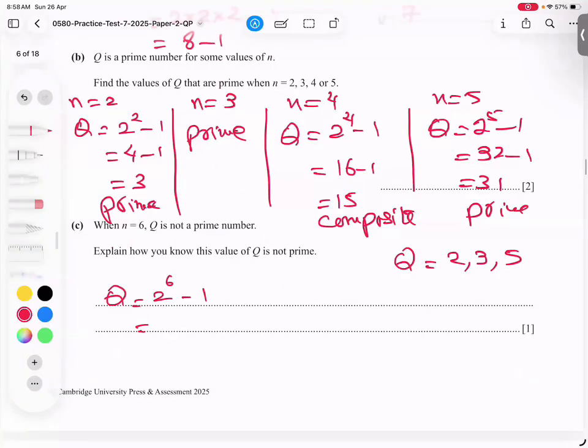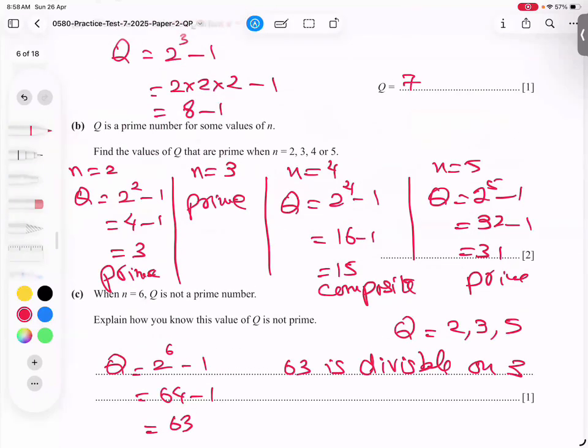We can say this is 64, 63, sorry, which is divisible by 3. 63 is divisible by 3. Okay, I think it's clear. So we can say that this Q is not a prime number in this option. I hope so. The concept of the question is clear.